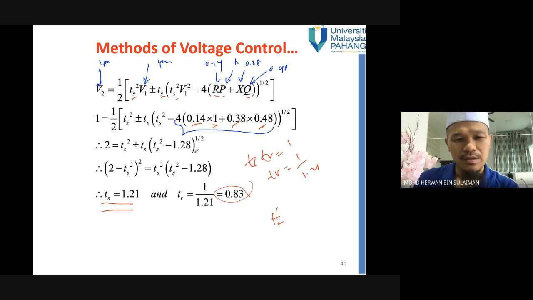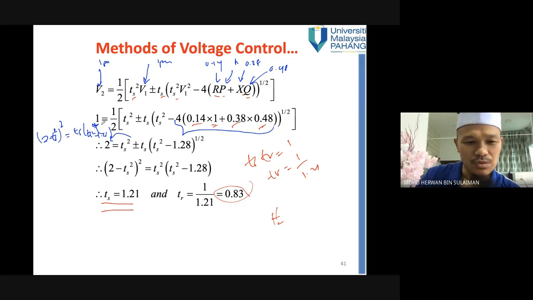Okay, and then from here you get this one, right? That one is above here. So and then you bring the value to here. Okay, so you get 2 minus TS squared equals the square root of TS to the power 4 minus 1.28. There is a half and a square root. So to remove the square root you have to square both sides. You square it, which means the 2 is multiplied, and this side must also be squared.